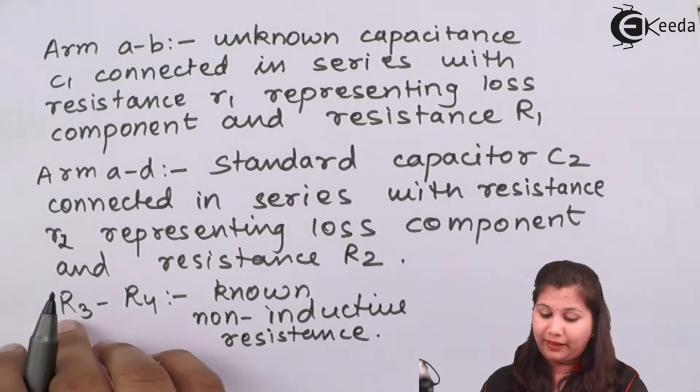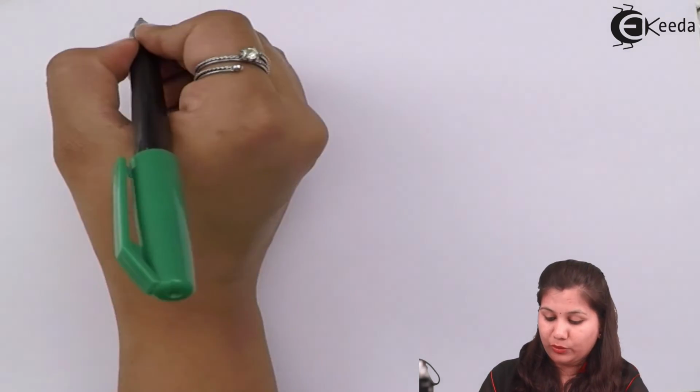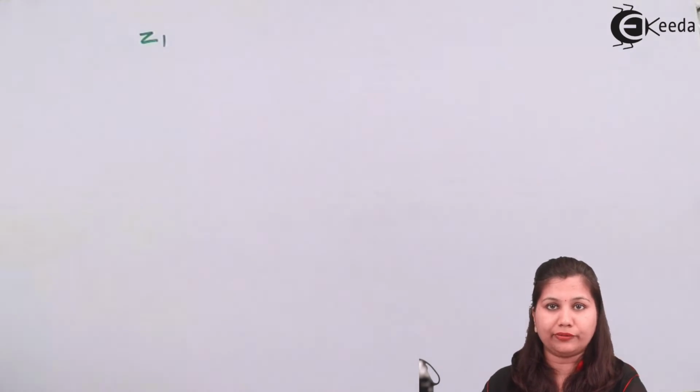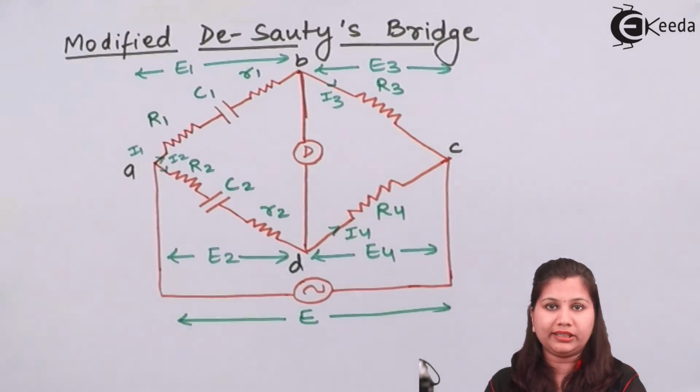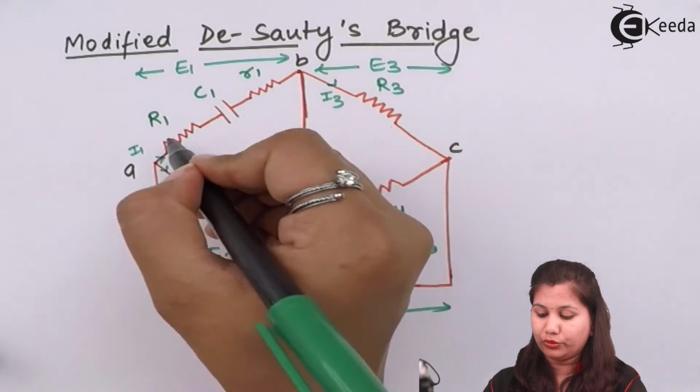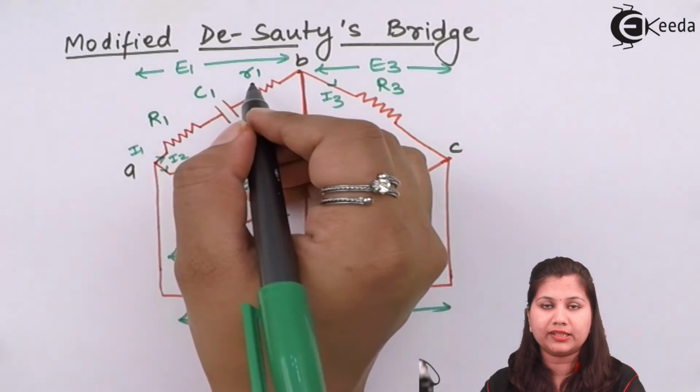Now, if we talk about the value of the impedances, so the value of impedance will be Z1, Z2, Z3 and Z4. So Z1 is now changed because Z1 was earlier only the capacitor. Now it is having two resistances also connected in series with it.